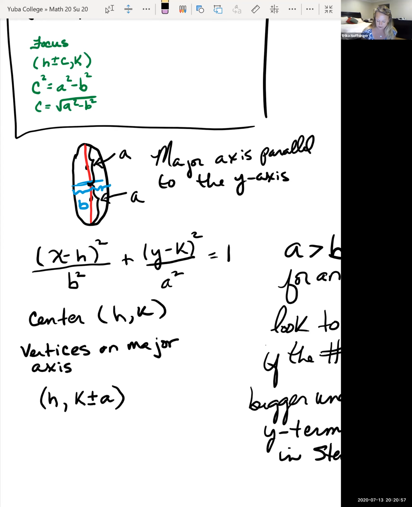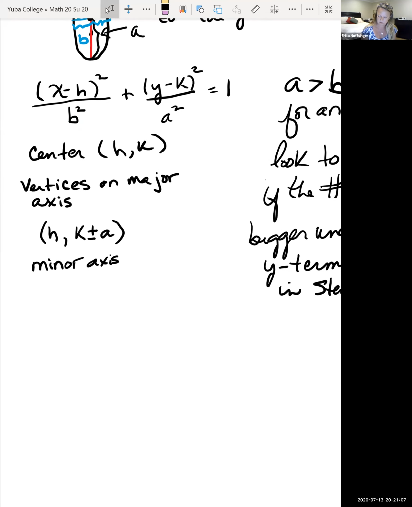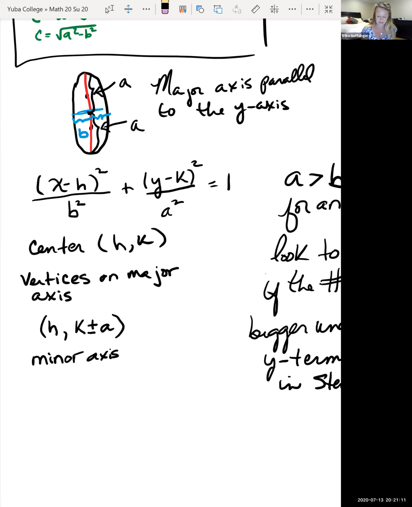On the minor axis, this time our x value is changing by b, either adding or subtracting b to get to those points, so h plus b or h minus b, but the y value of our center stays the same, which is k.